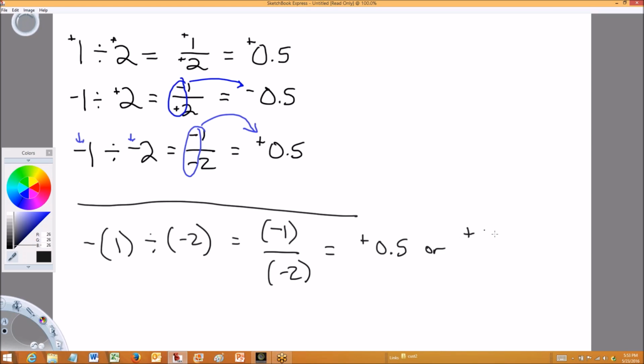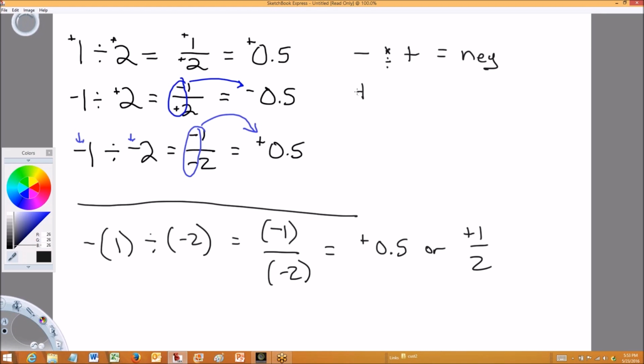Or a positive 1/2. All right, so the rules that apply with the value signs are the same for multiplication and division, and that is a negative times or divided by a positive equals a negative.